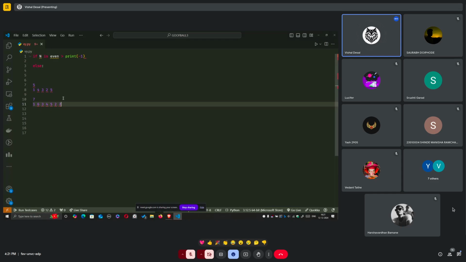So can you find the pattern in this? Can you find a pattern in this so that we can generalize it for other odd numbers?